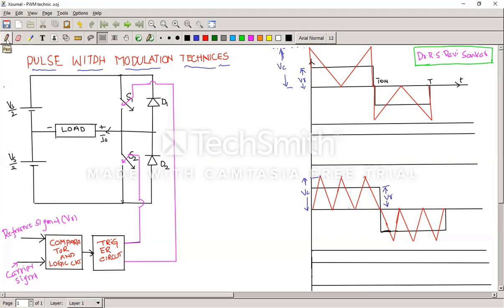One is single pulse width modulation technique.